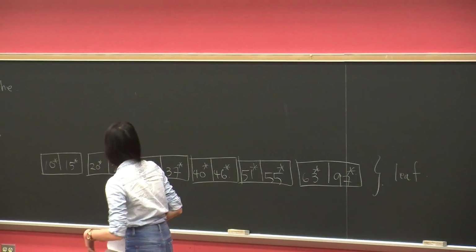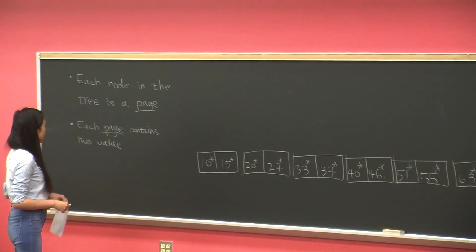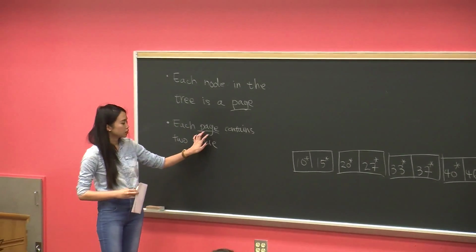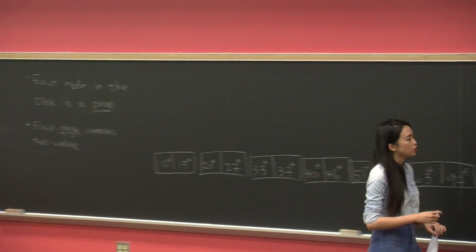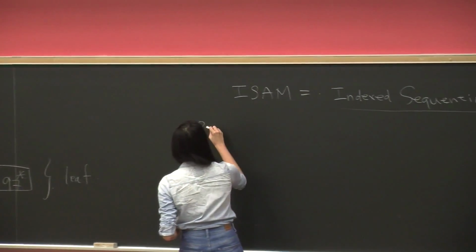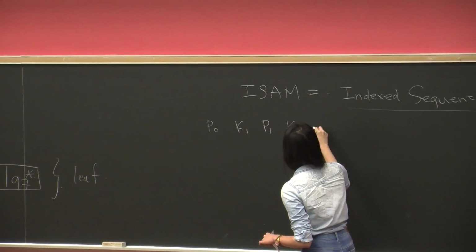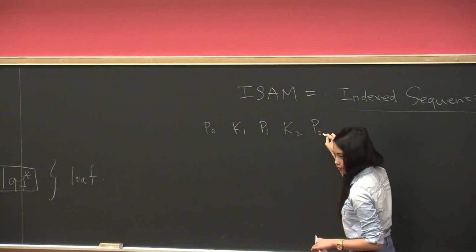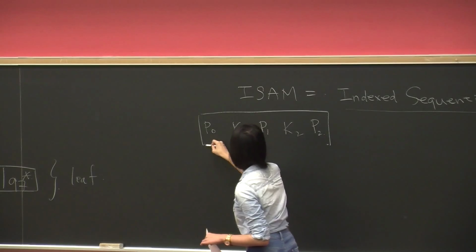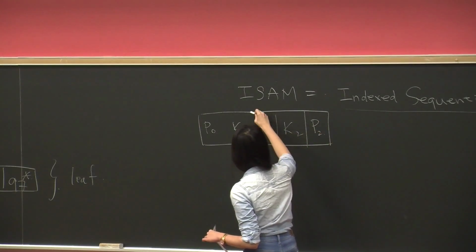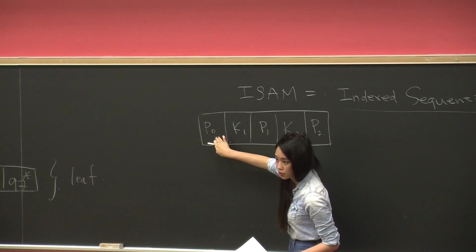So what are they for? Let's say each page contains 2 values. Earlier you see we have this structure of pointer, key, pointer, key, pointer. This is just the building block of how keys and pointers are used together.